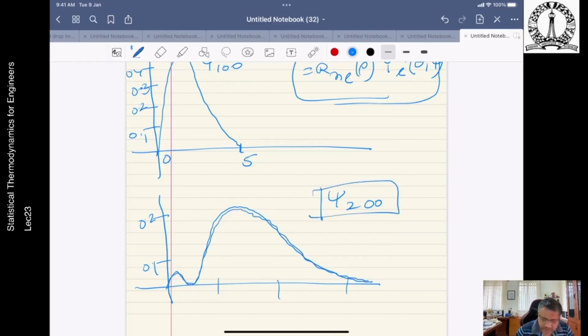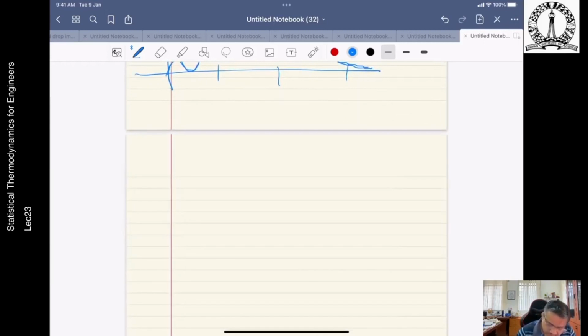Then you write the second one with 0, 5, 10, 15 and so on.